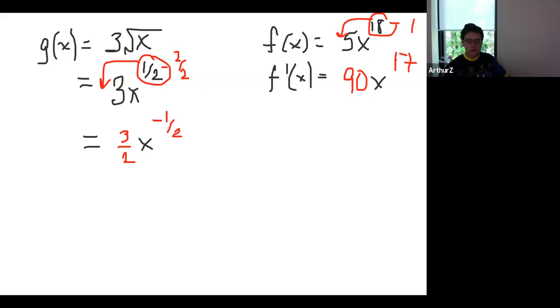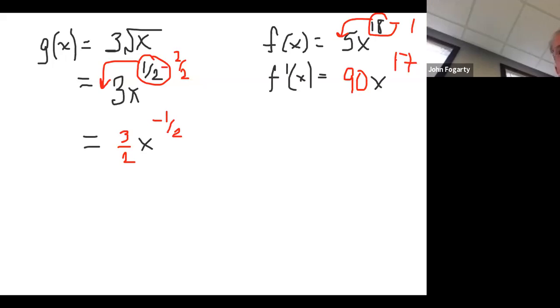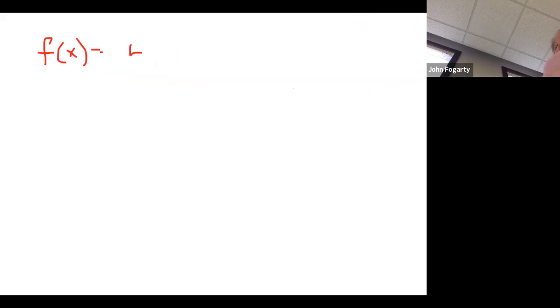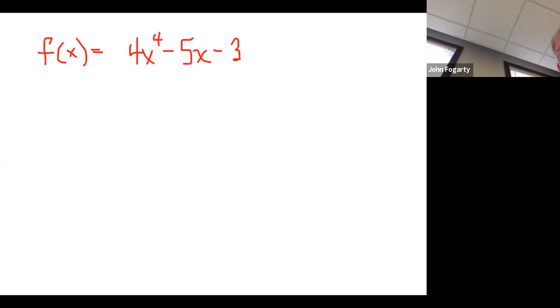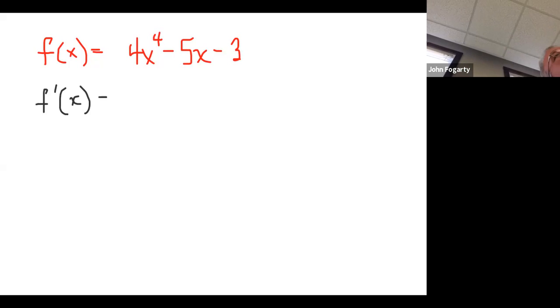Yes, sir. All righty. So now, what if we look at something like, let's look at an easy one, number 4. F of x equals 4x to the 4th minus 5x minus 3. So now in order to find f prime of x, we're taking all those little rules we learned: power rule, constant rule, sum and difference rule.